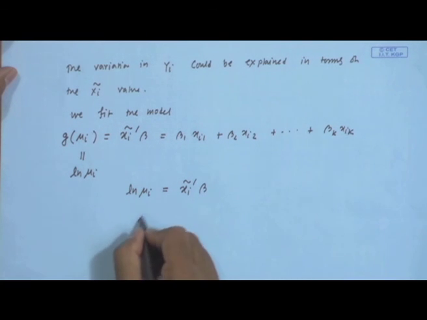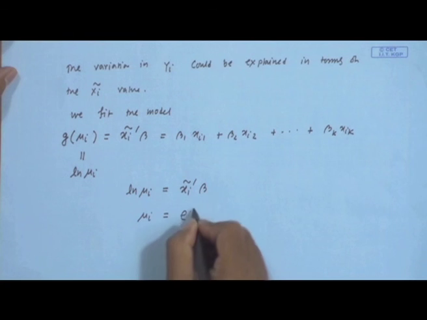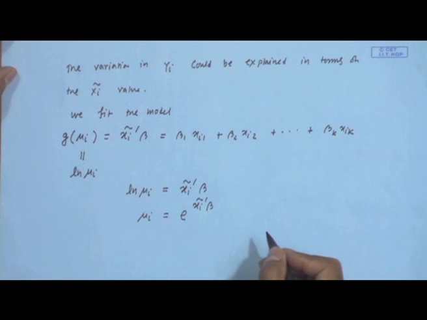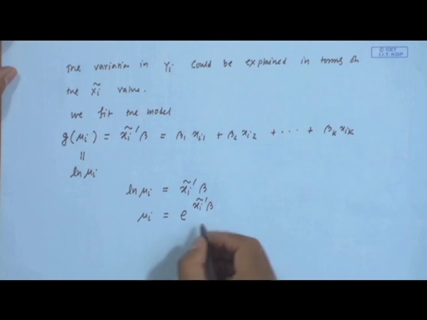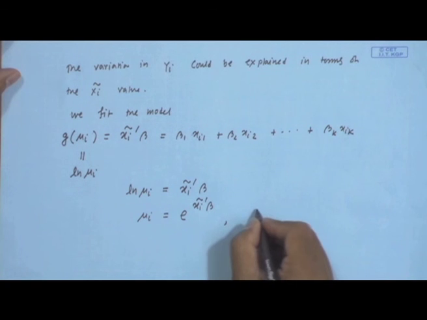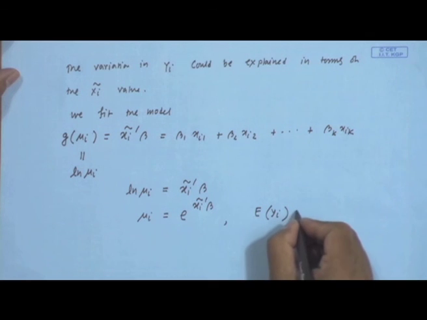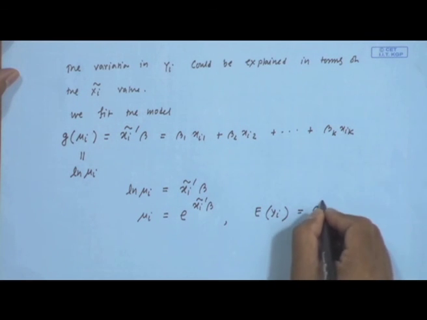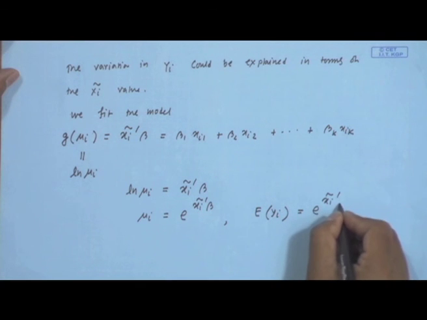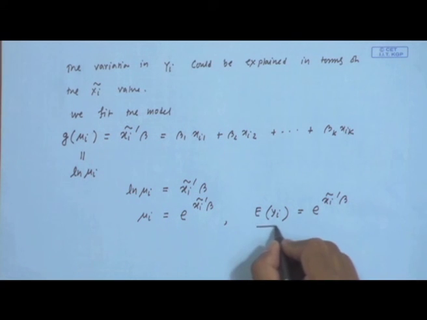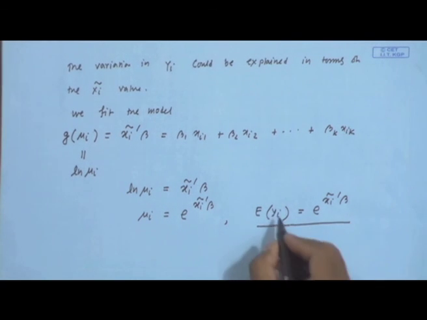So, this can be written as mu i is equal to e to the power of xi prime beta, okay, and which is nothing but the expectation of yi. So, that is mu i, which is equal to e to the power of xi prime beta. Okay. So, this is the model we need to fit if the response variable follows Poisson distribution.